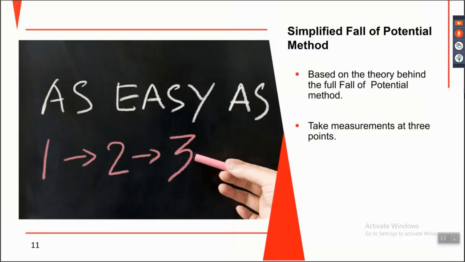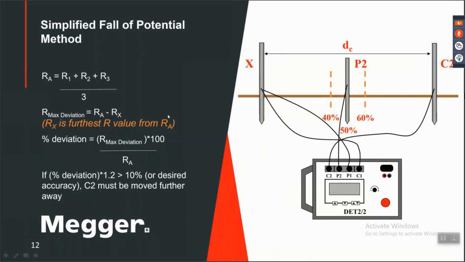So you will get three measurements, R1, R2, and R3. For example, if you see this slide, for the first measurement, R1, you put the probe at 50% between the electrode under test and the current probe.